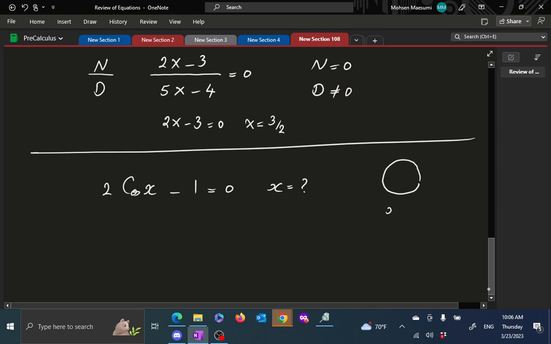In that case, the problem might say find a solution so that your answer is inside that circle. Inside that circle means you start at 0, and by the time you come back, you are at 2 pi. And so sometimes they say, stay inside this range of numbers: start at 0, and you can go as far as 2 pi, but perhaps not 2 pi itself, and so on.